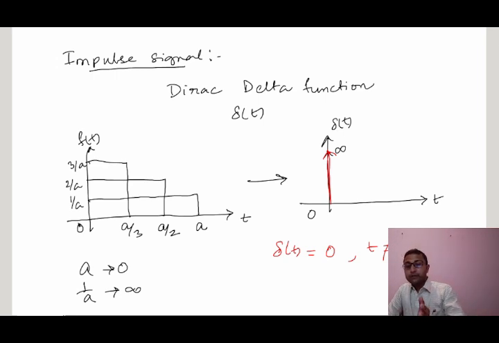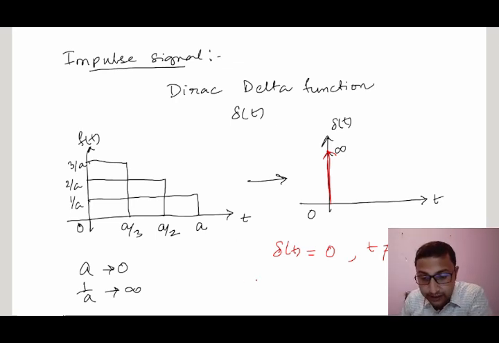That means the value of the impulse signal is 0 everywhere except the instant t equal to 0, because at t equal to 0 the value of the impulse signal is infinity. At t equal to 0.1 or 0.001 the value is 0. At t equal to 0 only, the value of the impulse is infinity.